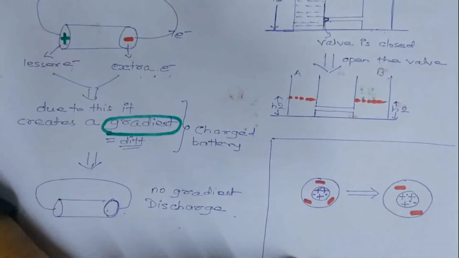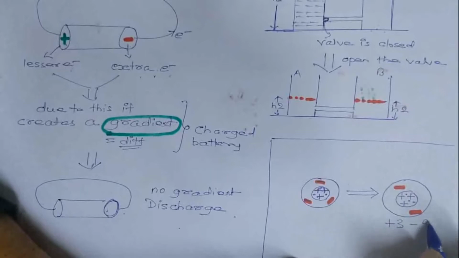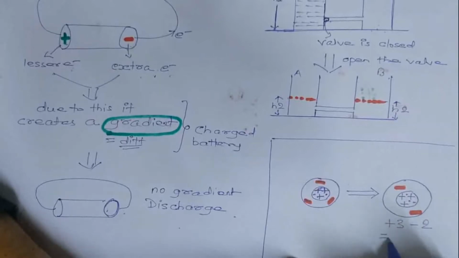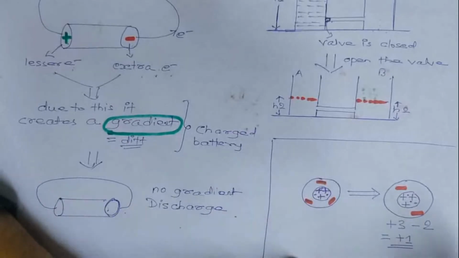How much charge? Positive or negative, and by how much quantity? How can we calculate that? We can do that simply: plus 3 protons, and minus 2 electrons. It will give you plus 1. So in a nutshell, it becomes positively charged by one unit.